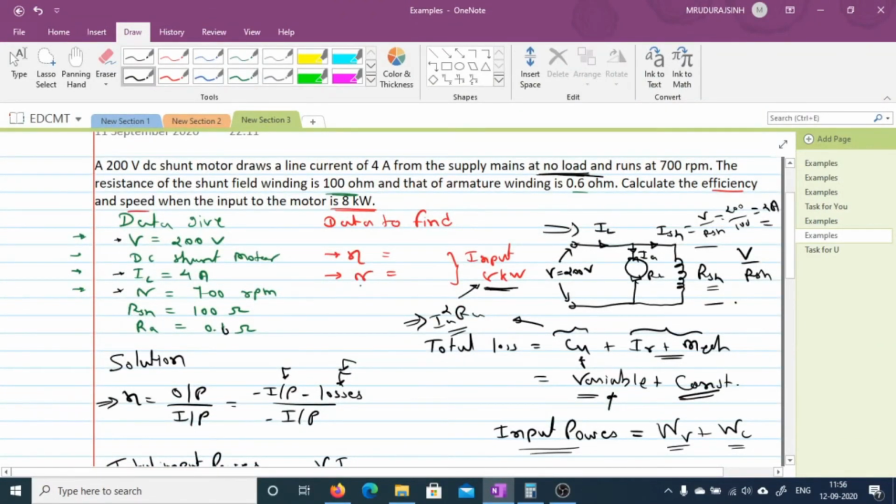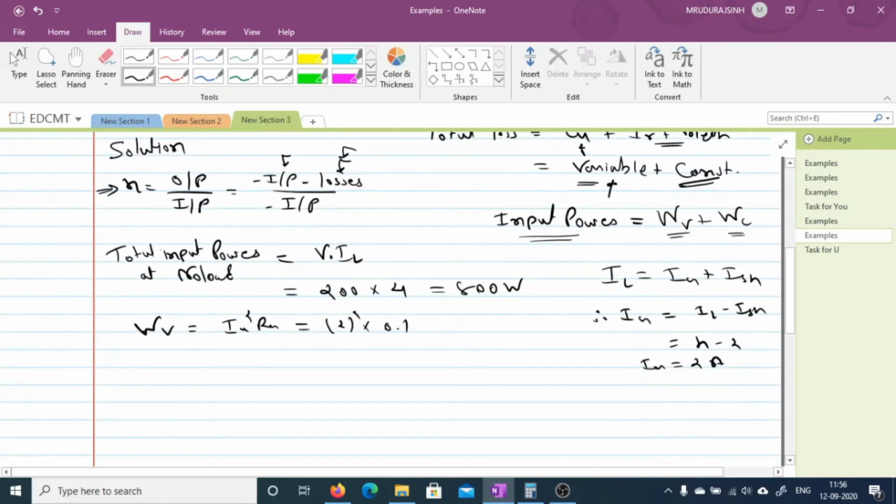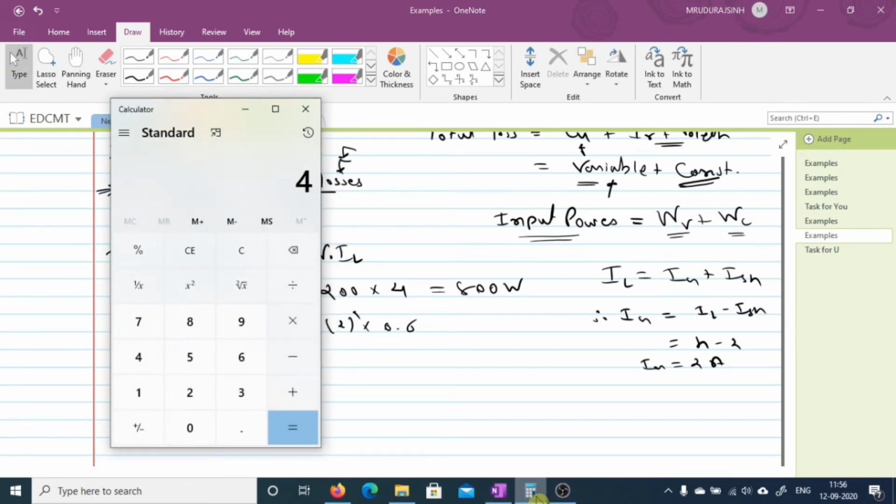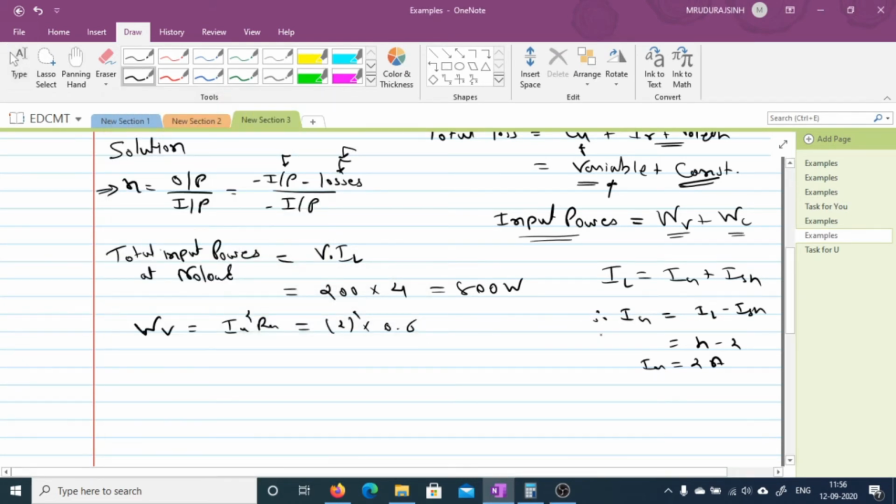I have by mistake written over here 0.1, so it's 0.6. So 4 into 0.6 gives us 2.4 watt. So this is the power loss that occurs when motor runs at no load condition. So copper loss at no load condition is 2.4 watt.